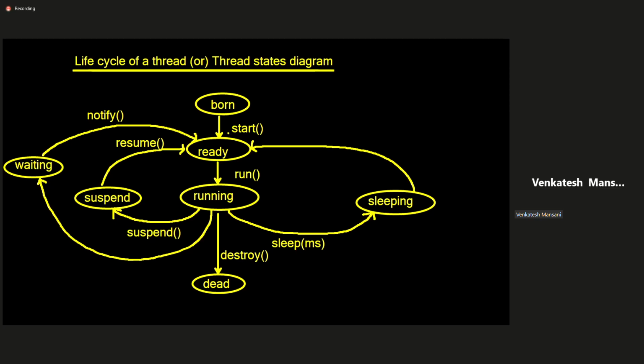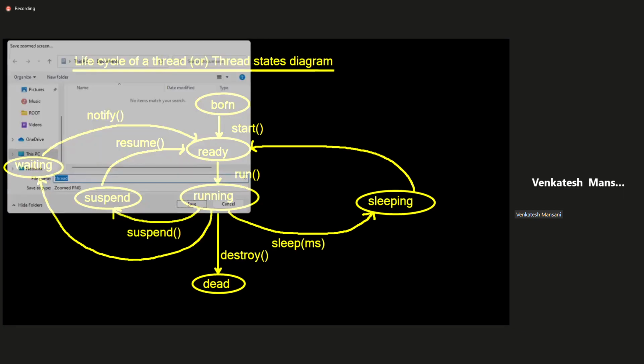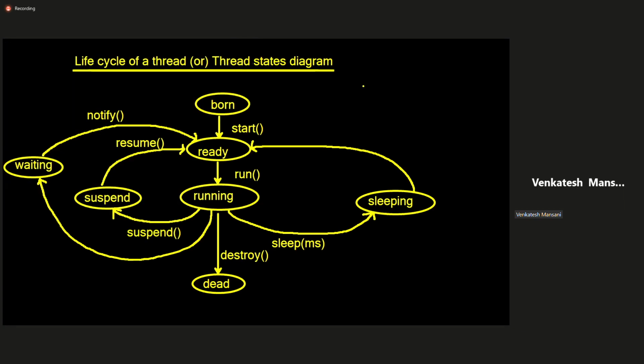I'll explain. Listen. See, these are library methods. First of all, whenever the thread class constructor is called, a new thread will be born. One minute. I'll save this. Is the diagram writing over? I'll explain one by one.